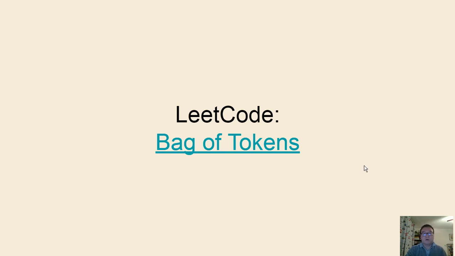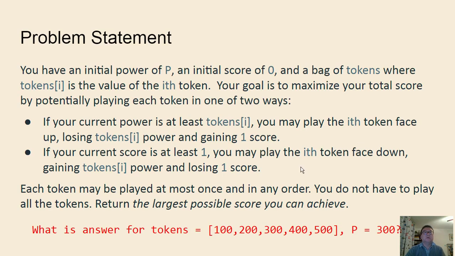The next example problem is a LeetCode problem called Bag of Tokens. We have an initial power value P and an initial score of 0, and we have a bag of tokens. Each token has an integer value. We play a game in which we can make two kinds of plays.